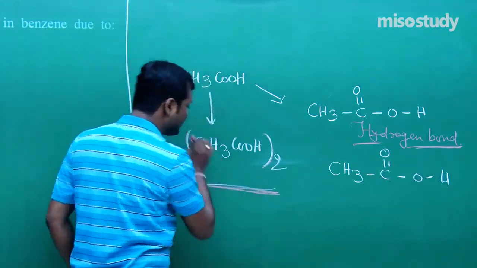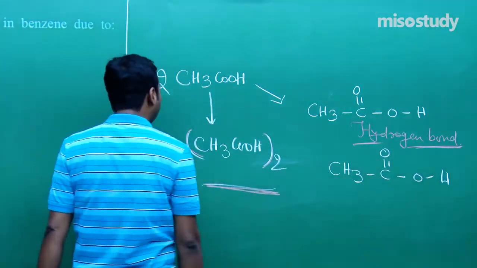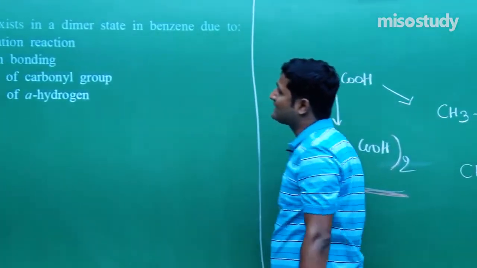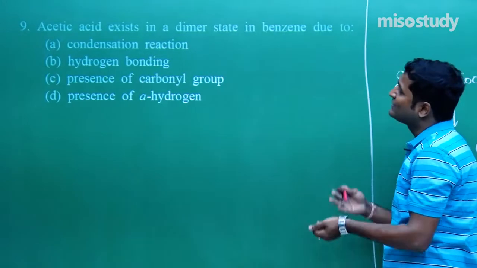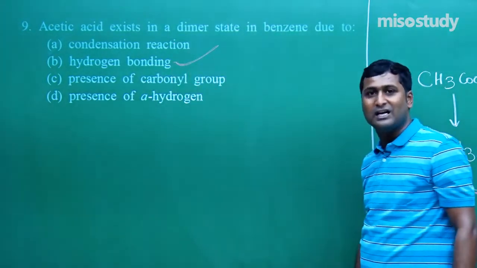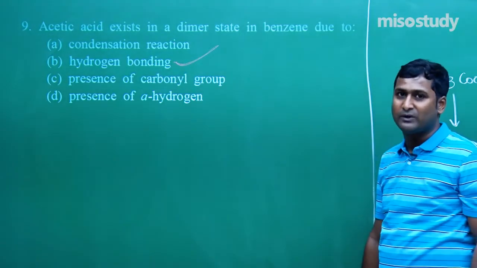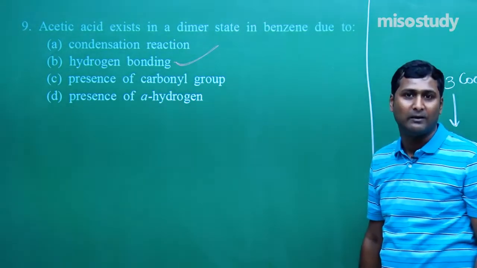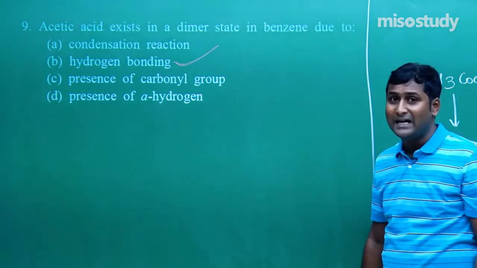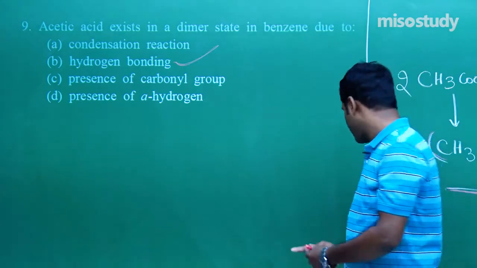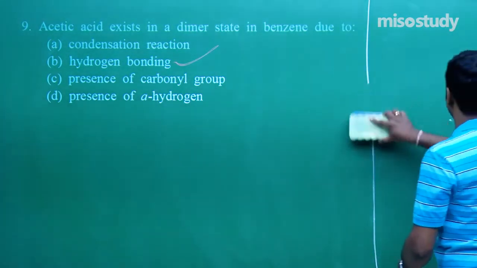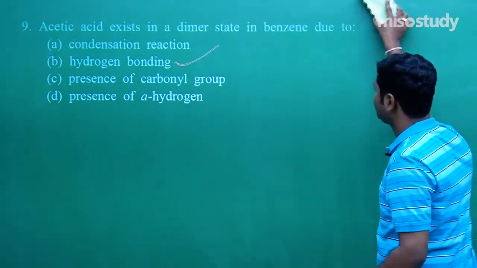So due to hydrogen bonding, the link between hydrogen and the most electronegative atom, oxygen, forms a hydrogen bond. So for question number 9, B is the correct option. Now friend, I'm going to rub this part and we'll discuss the next segment.